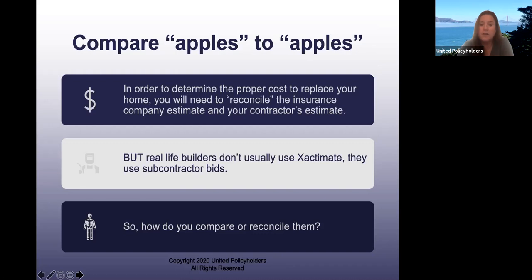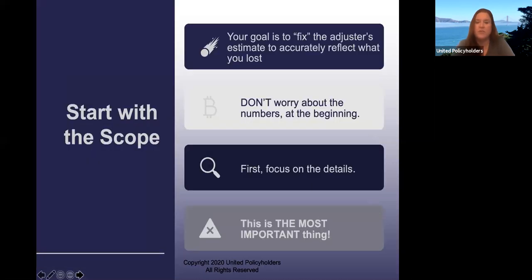And really, every insurance adjuster who's working on your claim should have spent a very long amount of time talking to you about your house and what you lost, because all the houses are not the same, okay? And in order to determine the proper cost to replace your home, you're going to need to reconcile between them and the contractor, and you need to make sure first that the scope is correct, okay?